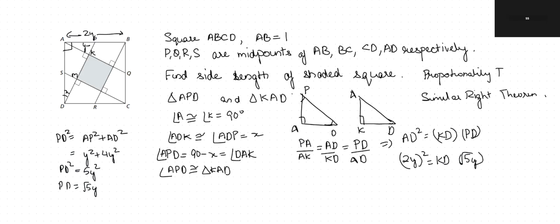Okay. So KD is equal to 4Y over under root 5. Okay.